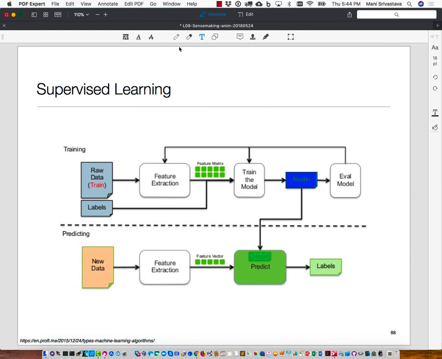So the idea is we collect some raw data, which we call training data, along with labels. Let's say we were doing this thing about whether I'm running, walking, sleeping, whatnot. So you're going to go around, collect the data, and somehow manually label it, right? I'll say I went to bed at 7 p.m. and woke up at 4 a.m. and stuff like that. Okay, so I'm going to label the thing, and you're collecting the data.